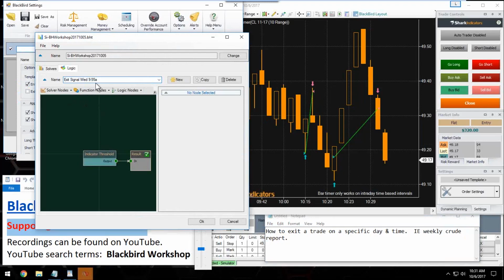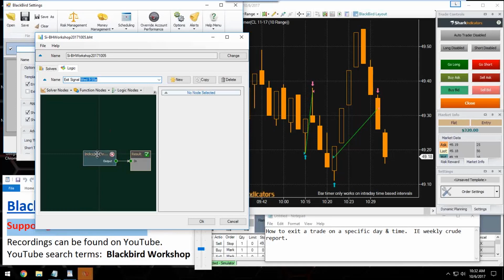You can definitely adjust the time here to exit any kind of trade, whenever you want. But the point being, this is a way that you can specify an exit condition in BlackBird on a specific day of the week and time of that day.